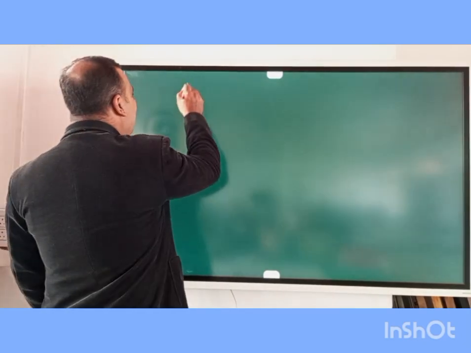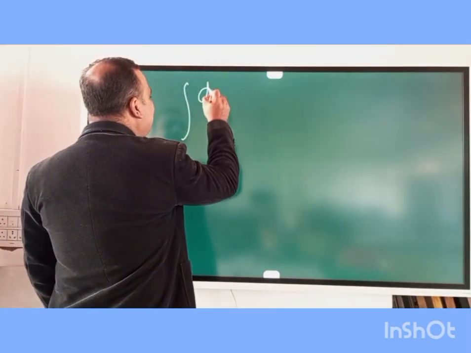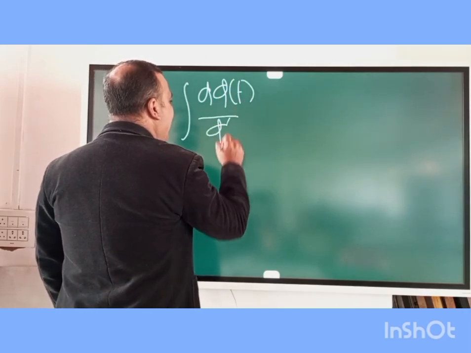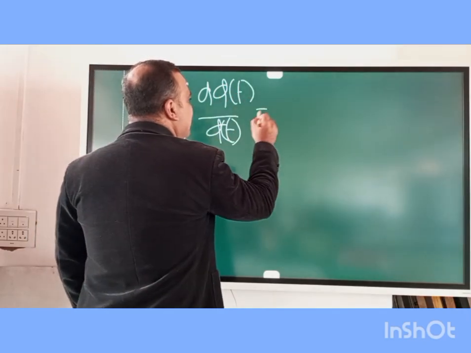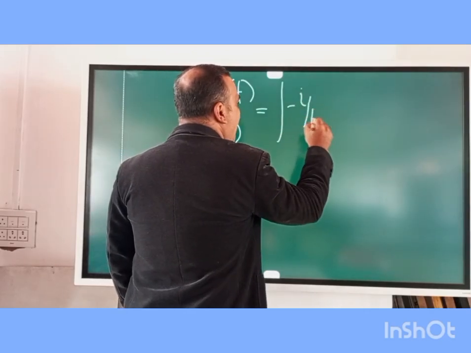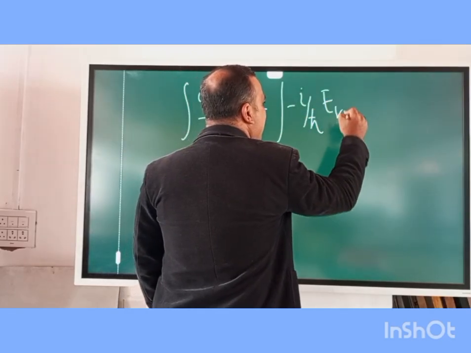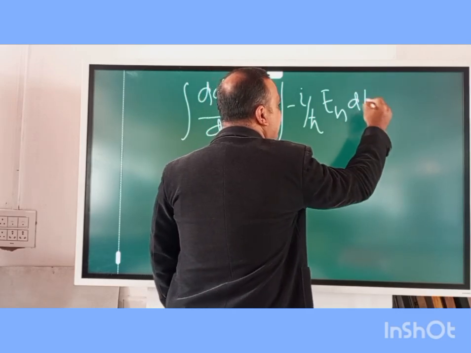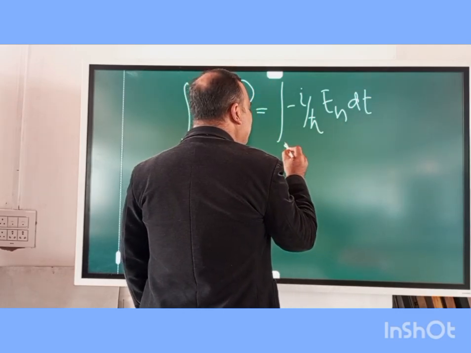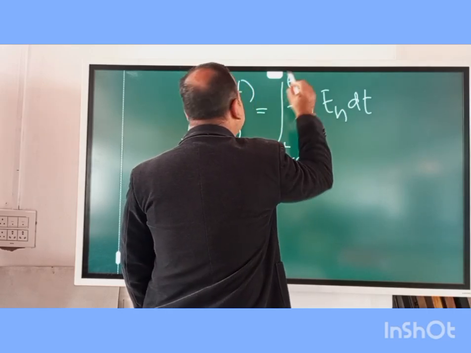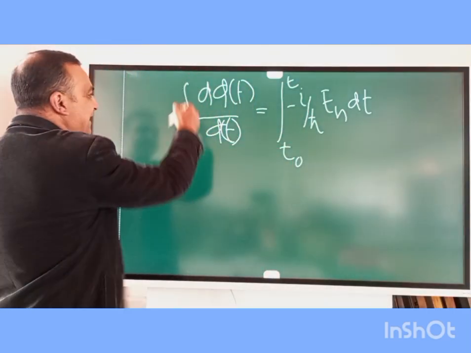It is the integral of dφ(t) divided by φ(t). This is the integral of minus i/ħ Eₙ dt. So if my starting time is t₀ and the time that ends is t, what will be the integral of this?